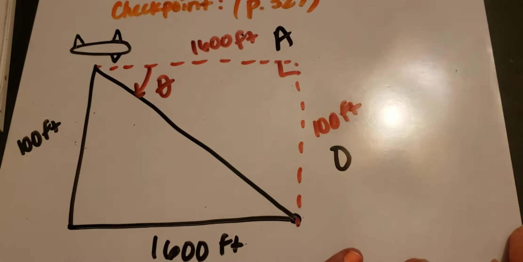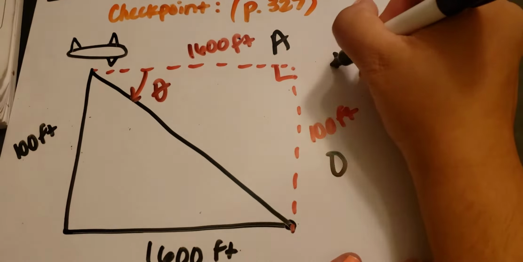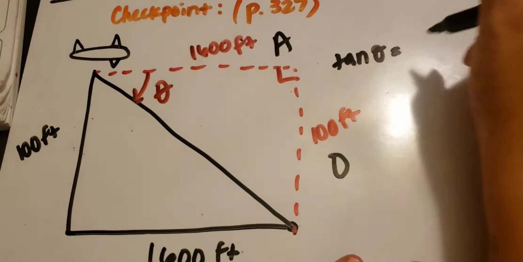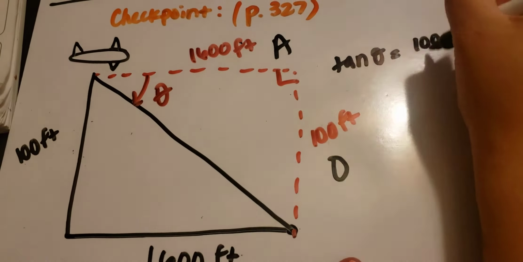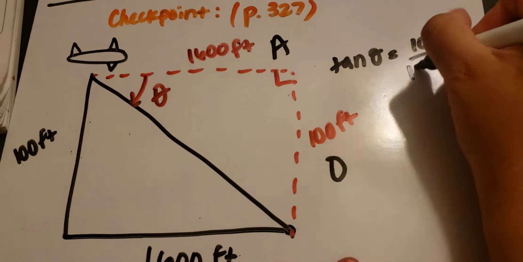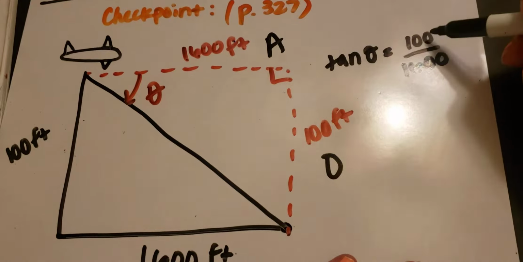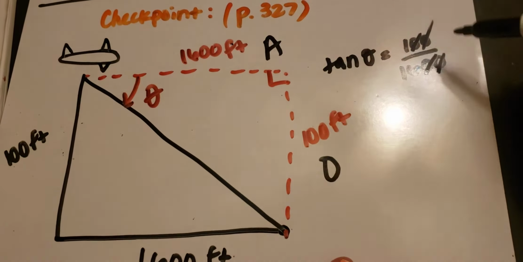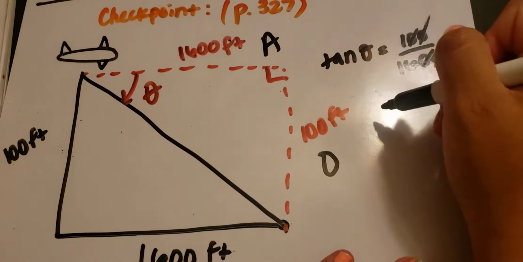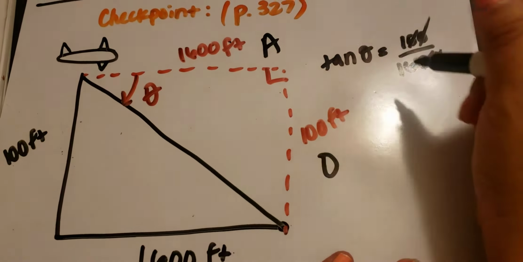Tangent of theta equals opposite, which is 100 feet, over adjacent, which is 1600. If I wanted to simplify this, I could cross out the zeros and I would have 1 over 16. Whenever you solve for an angle, now we're going to do the inverse. So theta equals tangent inverse of 1 over 16.